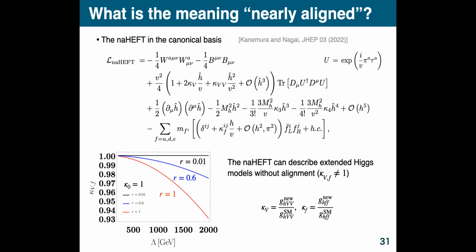However, when we consider the new physics model, in general, kappa V and kappa A can deviate from the standard model prediction. And this EFT can describe such new physics with a non-alignment. So this is the reason why we call this EFT nearly aligned. Here nearly aligned means kappa V and kappa A are almost unity. Exactly, yes.